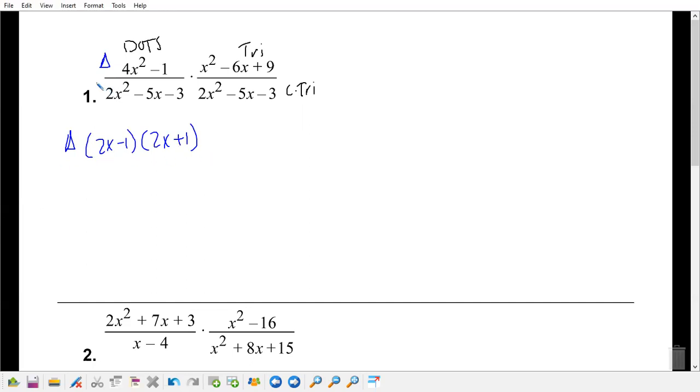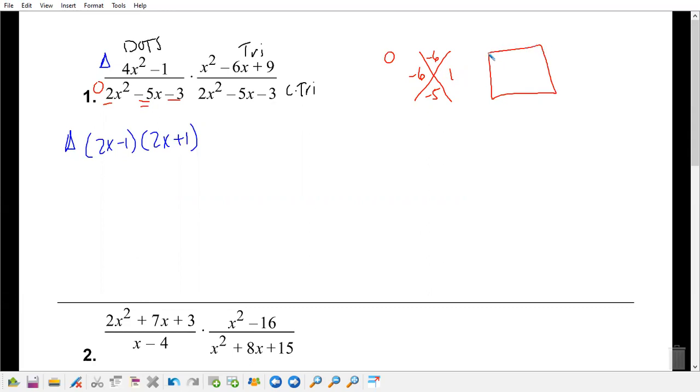I'm going to call this one circle. We're going to factor this one. It's the same as that one. So I'm going to factor circle using X box. So it multiplies to give me -6, but adds to give me -5. That would be -6 and +1, right?